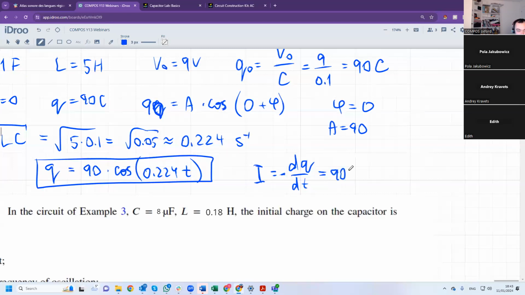It's going to be 90 times 0.224 multiplied by sine 0.224t, which is 20.12 sine 0.224t.